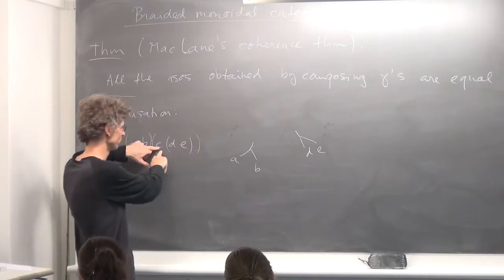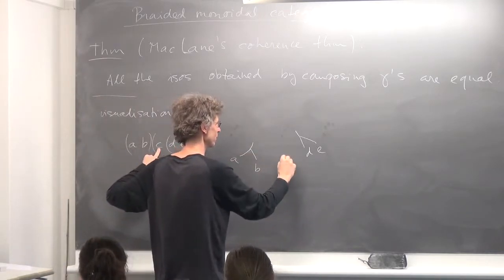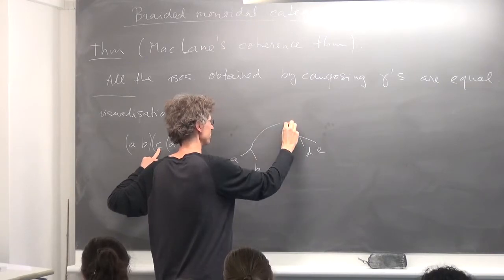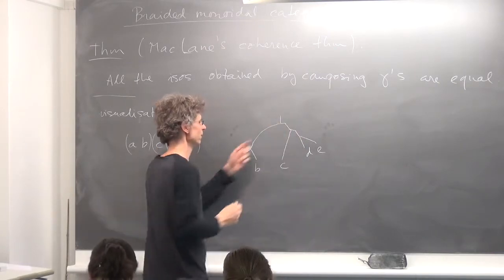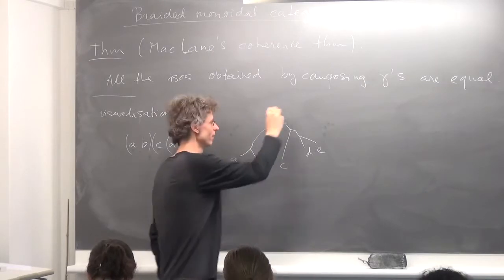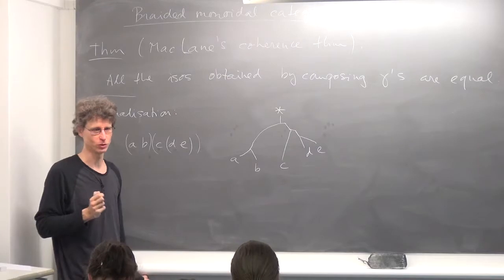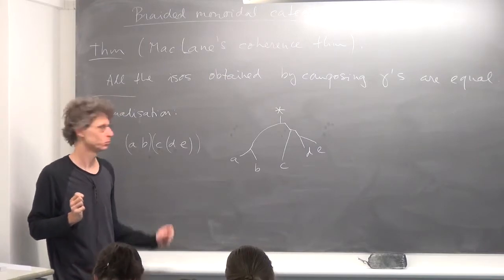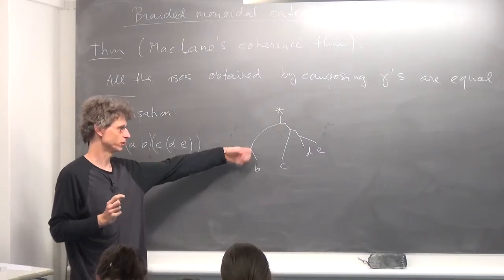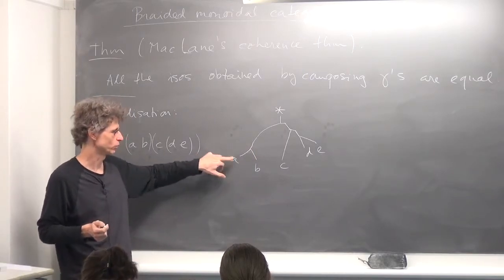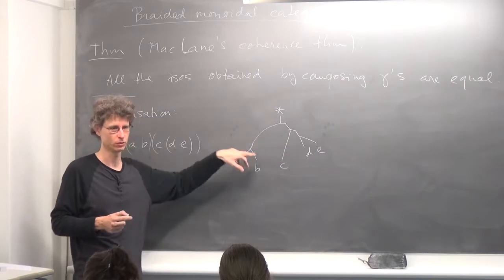Now they're multiplied with C from this side. And finally, here is the output, and I will put there a star for the output. It's just going to be some special letter for the output. So just imagine this kind of trivalent trees in the plane. They are in the plane so that we know what is the order of those objects.